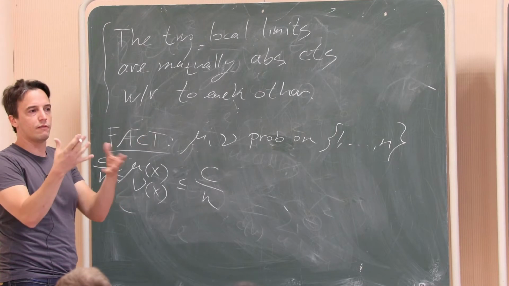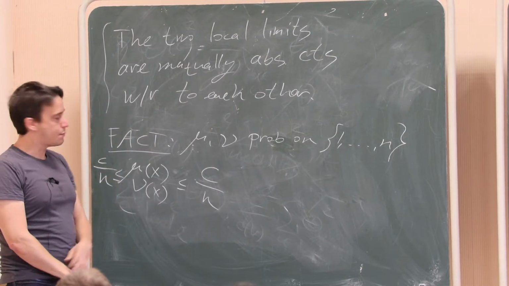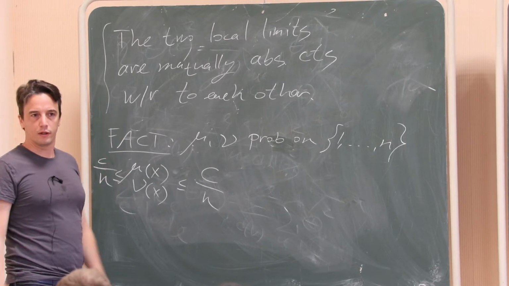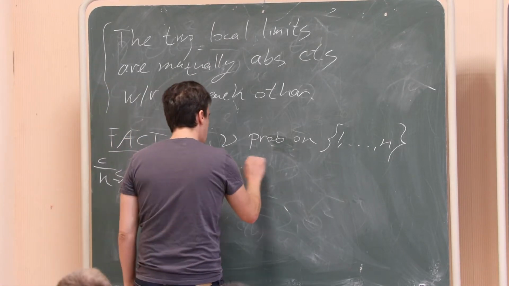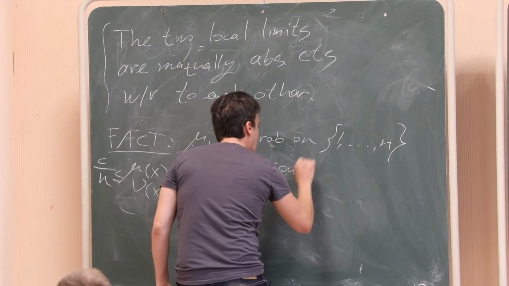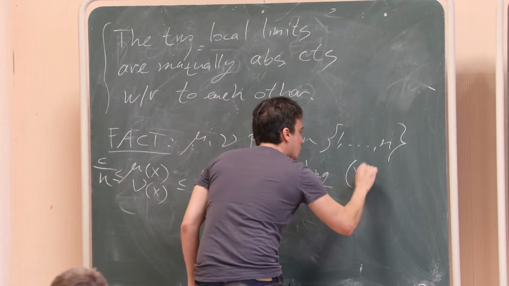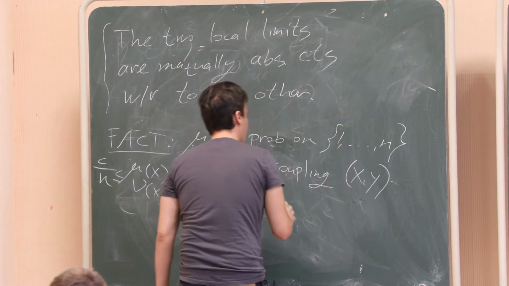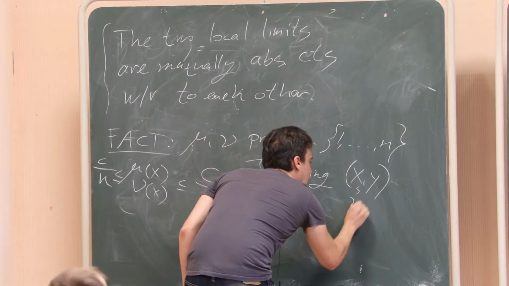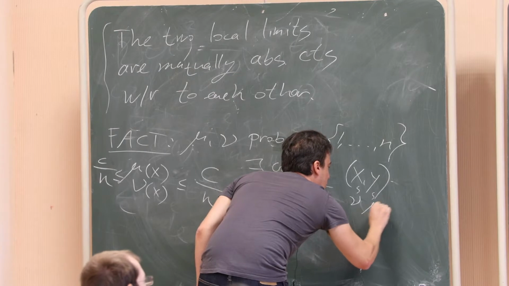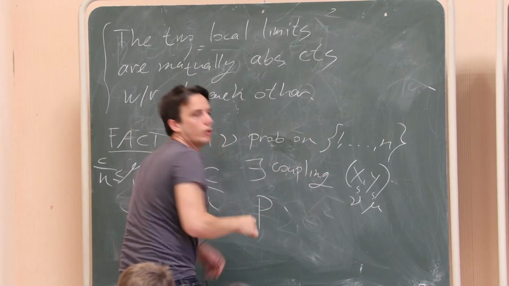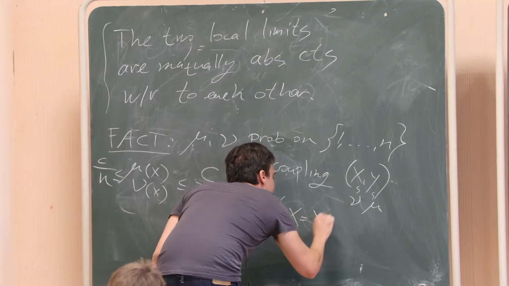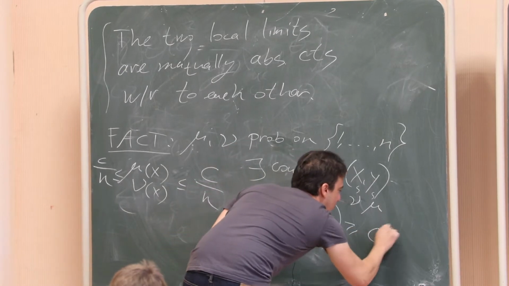I can draw two random variables, x distributed according to nu and y distributed according to mu, on the same probability space such that the probability that x equals y is at least some other constant.